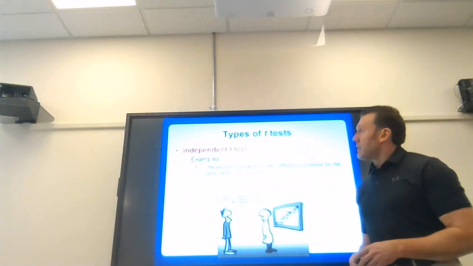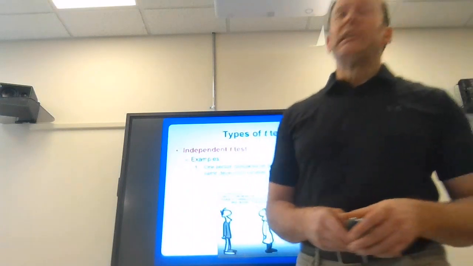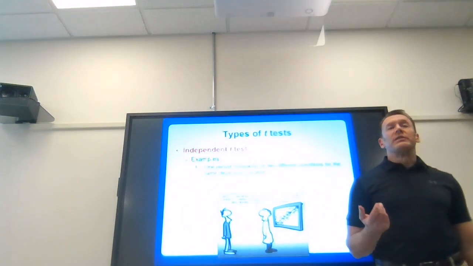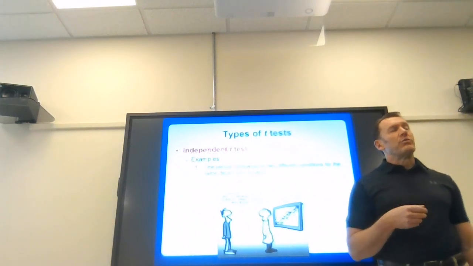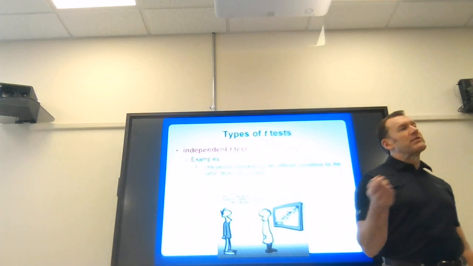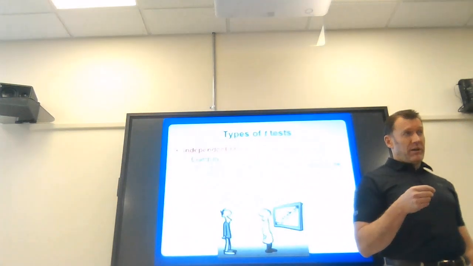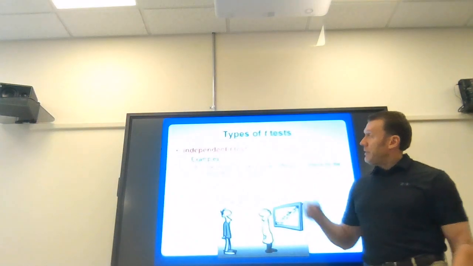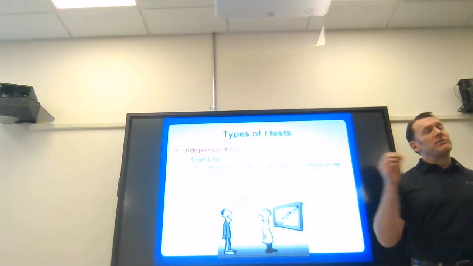As I was thinking about this, Jordan's research would be an example where a single person is compared on 2 different conditions. So Jordan, your research was internal versus external focus. Is that right? Each person, I'm assuming, did both conditions, yeah, so that'd be one example. Two different conditions, but every person does both of those.